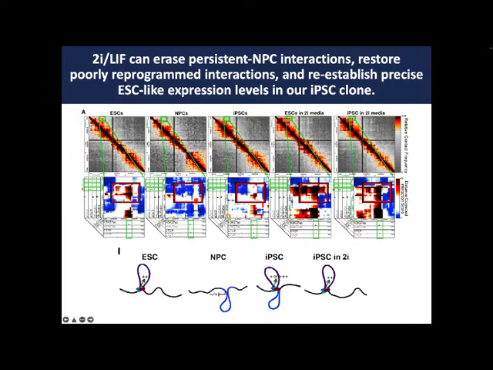In the MEF this is disappeared, but this interaction is only partially restored after the reprogramming from MEF. However, if we add the 2i media to make the iPSC more primitive, more naive, this ESC-like chromatin folding is restored.